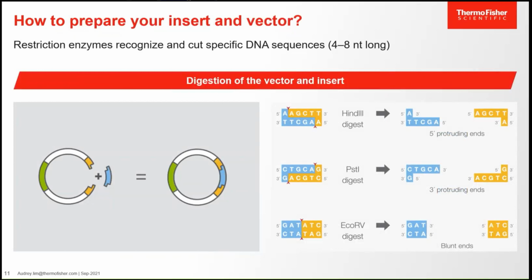They are able to find and cut a specific recognition site in double-stranded DNA. These enzymes are used to prepare the vector and insert DNA to have complementary ends that can be ligated together.